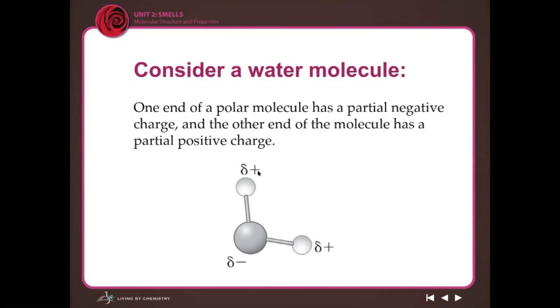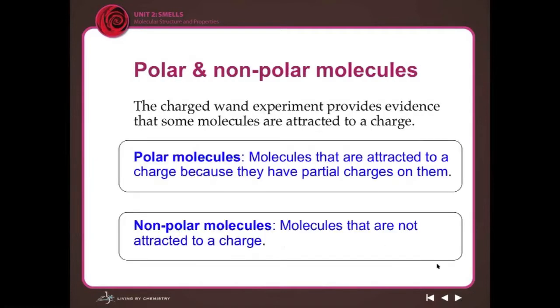And then over here we have the two hydrogens. Since a hydrogen is nothing more than a proton, its electrons are involved in this bond. So this area is more positive. So you have a positive side and a negative side. And that gives us something we call a dipole. And that gives the water molecule its polar nature.